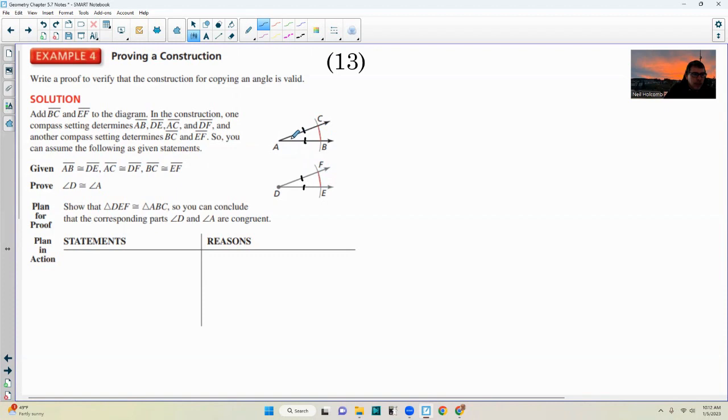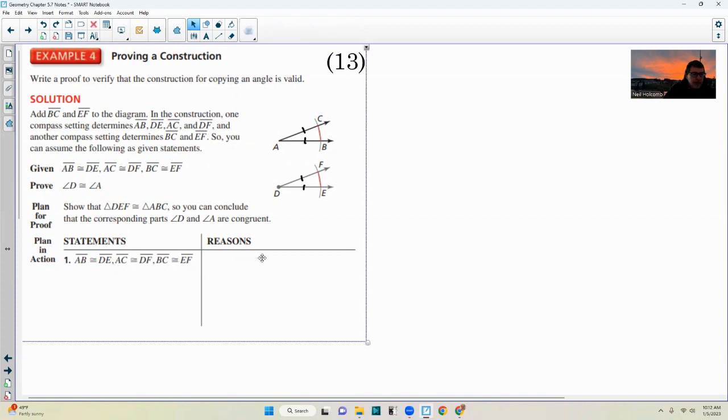We're trying to prove angle A is congruent to angle D. Okay? So I won't mark that yet. We're trying to prove it. So the first thing we're going to do is our statement. We're saying segment AB is congruent to DE, AC is congruent to DF, and BC is congruent to EF. And the reason is given.